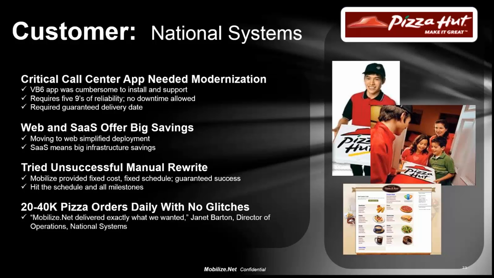The number of pizza orders that happen on Super Bowl Sunday or on Halloween pushes up into the mid 5 figures, literally something on the order of 40 to 50,000 pizzas a day just from Pizza Hut. So they're dealing with very high transaction volumes, and they have to have a highly performant application. They can't get clogged up anywhere to make this thing work.